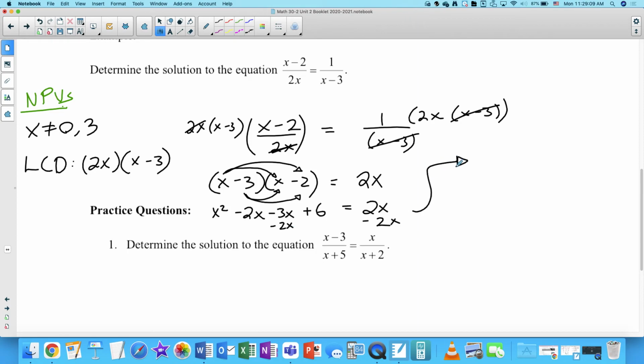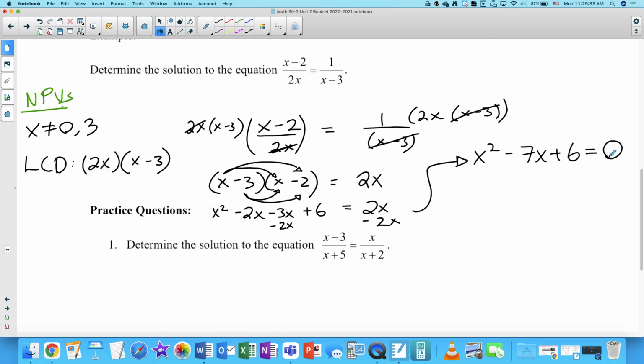That's negative 2 minus 3 is negative 5 minus 2 is negative 7. Minus 7x plus 6 equals 0. Good. So once you realize that it's quadratic, you got to equate to 0. Okay, now what?